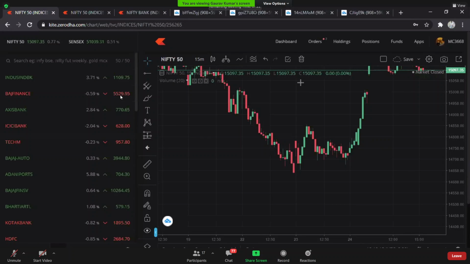You should keep your SL just below your wick. Means if you are buying, then of course your stop loss is going to be on the lower side, so keep your SL just below the wick. On the upper side, where you have to keep your target, there also keep your target just below the wick, because you don't want price to be rejected from that area.